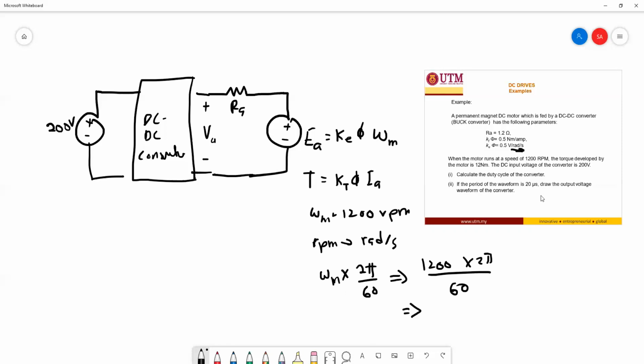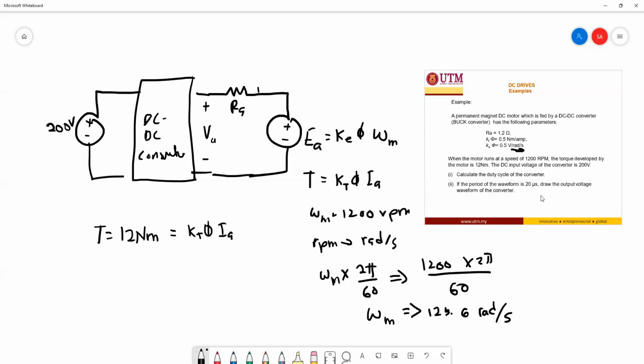So you should get around 125.6 radian per second. So this is your speed in radian per second. Okay, and then one more thing is that it also gives you the torque value. So the torque value is given as 12 Newton meter, and from this torque value we can get the IA value.